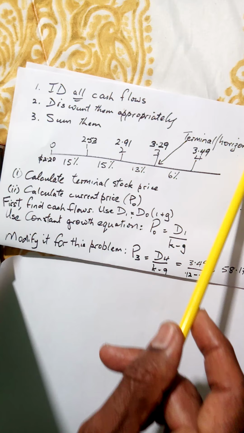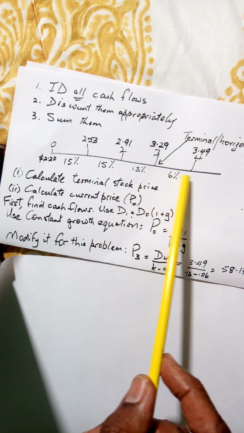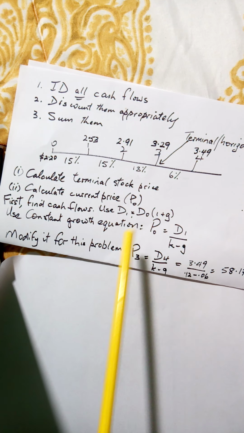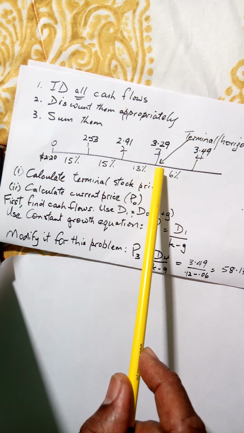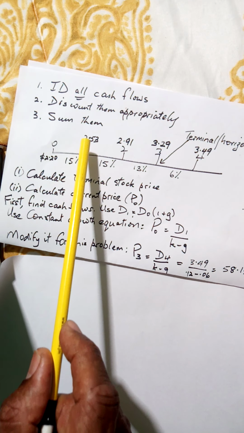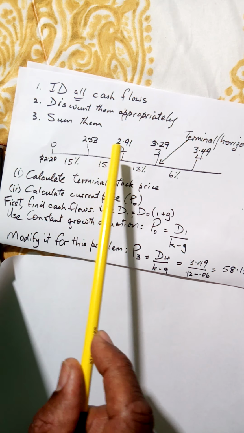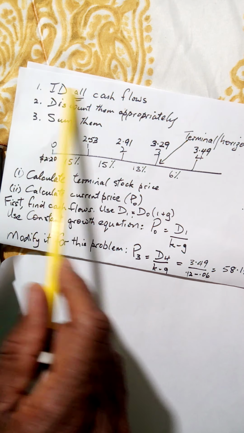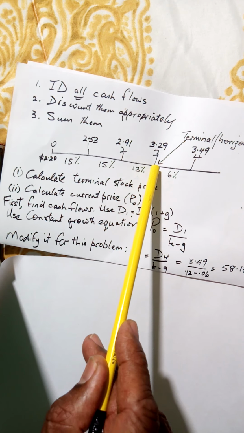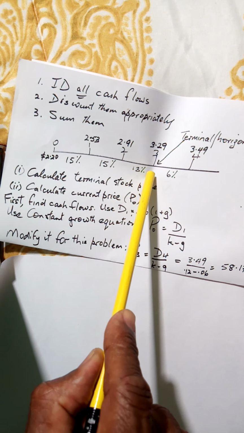In the terminal or horizon value, we have identified the complete value of all cash flows occurring after year 3. So in the terminal value, $58.17, we have everything after year 3. And in these individual cash flows, we have everything up to year 3. So at this point, we have identified all the cash flows. This is year 1, this is year 2, this is year 3. And this one, the terminal value, is also year 3.